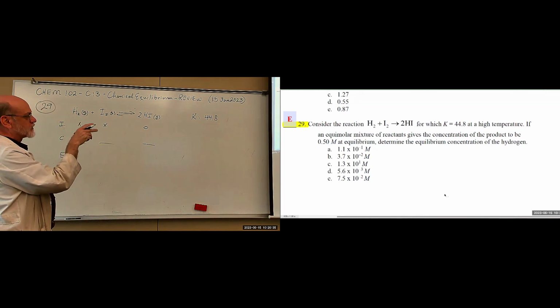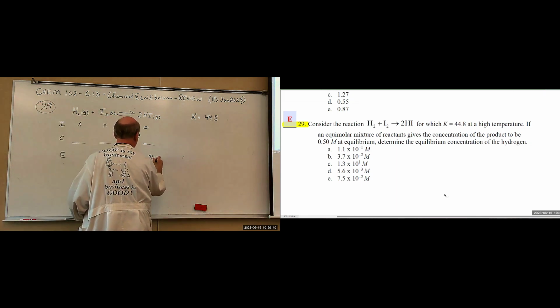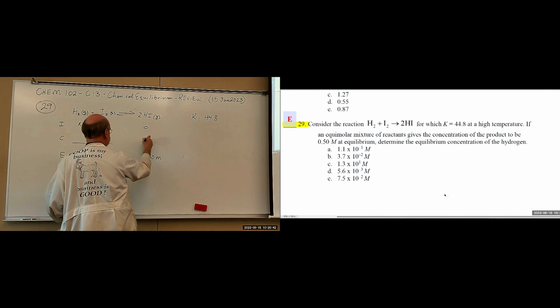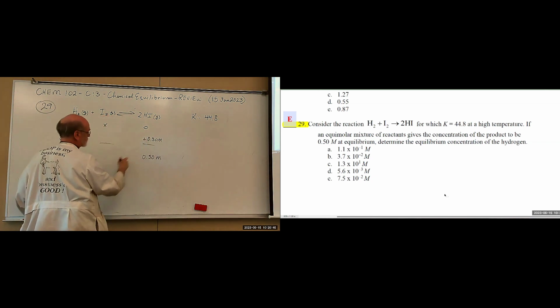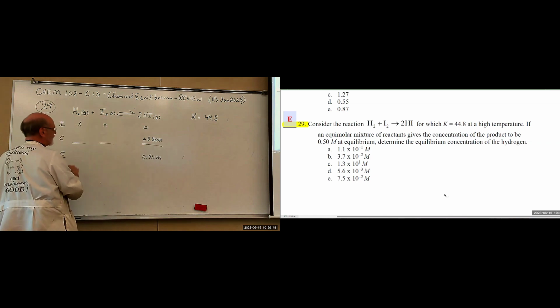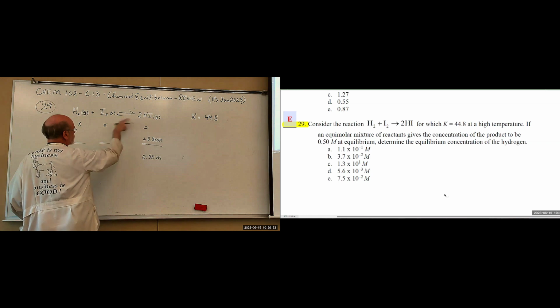Concentration of the product is 0.5 molar. So that means this had to be 0.5 molar there. And this had to lose half of that, right? Because it's 2 to 1.